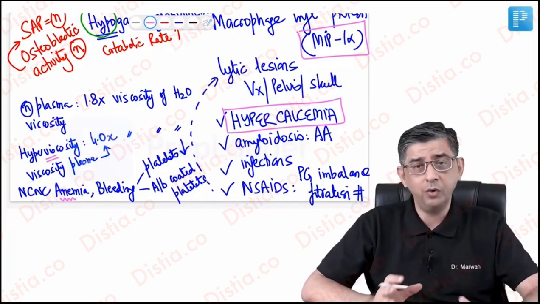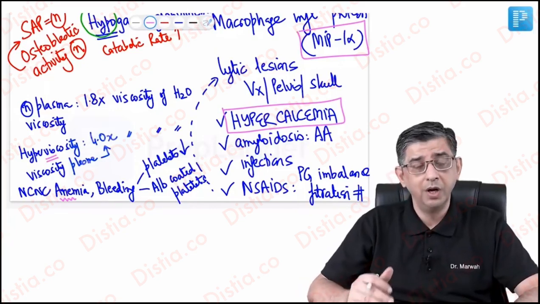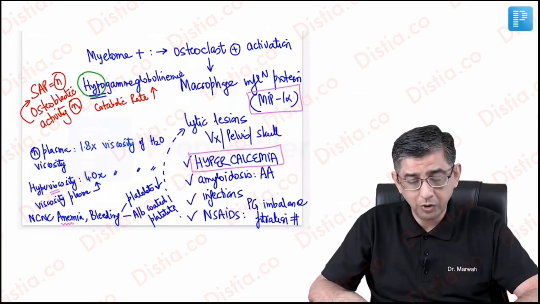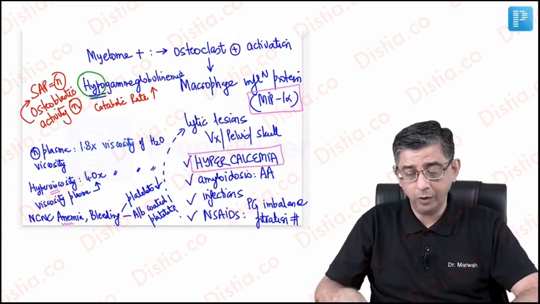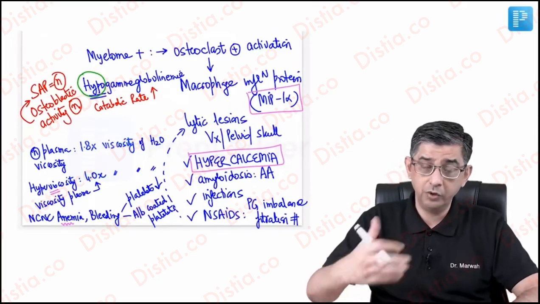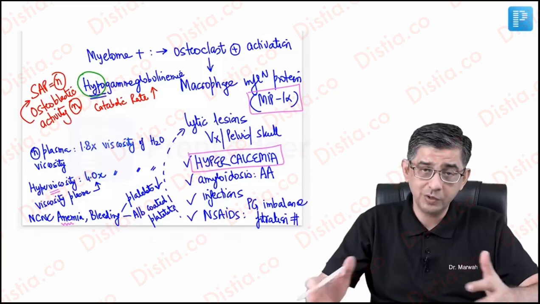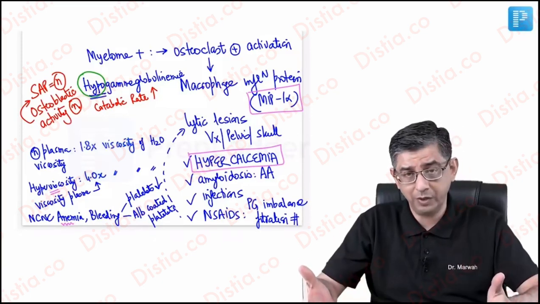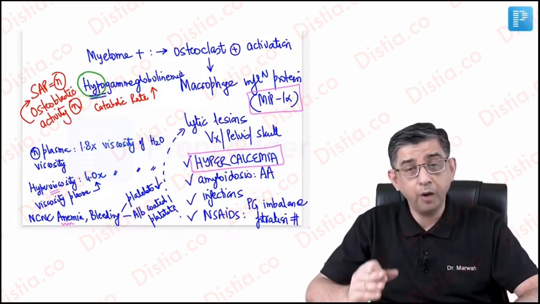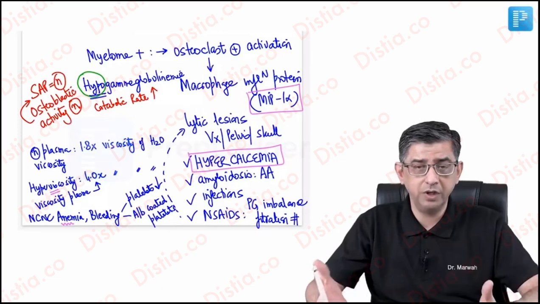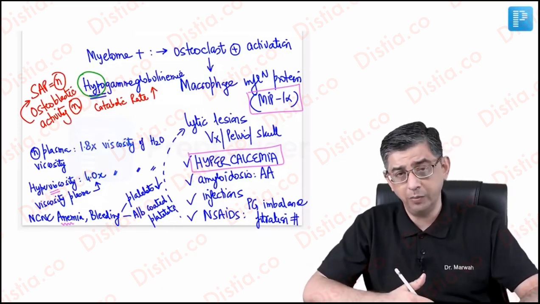So petechiae and purpuras can also be written in a MCQ of multiple myeloma. And the most important statement which I want to say after all these aspects is, in spite of all these aspects that we have talked about with respect to antibodies, I said it is hypo, not hyper. It is hypogammaglobulinemia, primarily because of increased catabolic rate and defective antibody production.